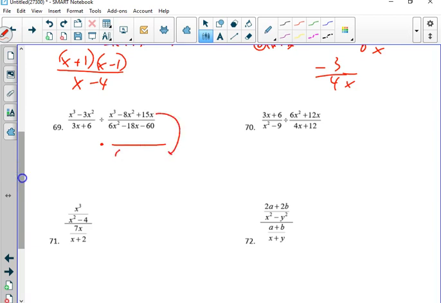So when I factor this, I want 5 times 3, and they're both negative, even though I just wrote 5 and 5. They're both negative. Now, if you need to do that up here first, and then move it down, go ahead.